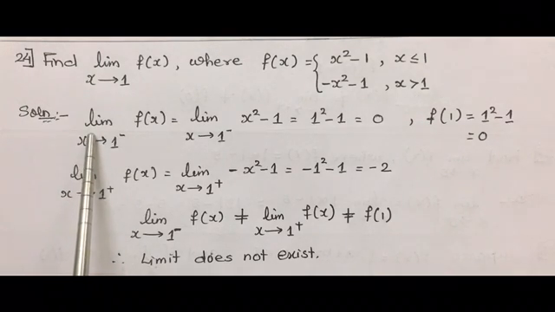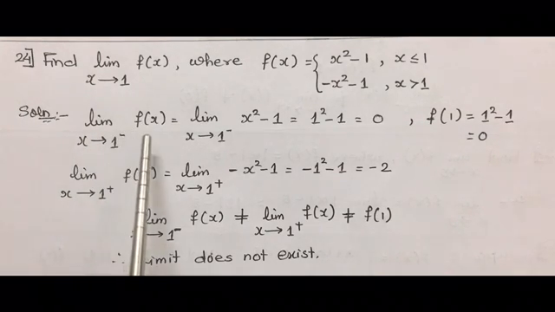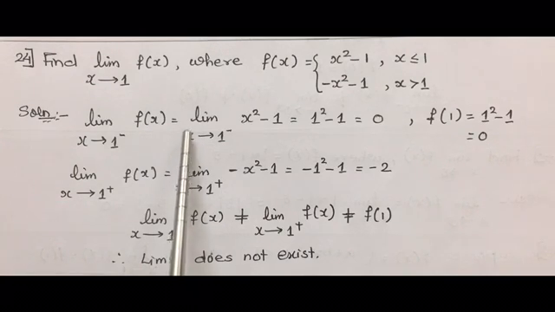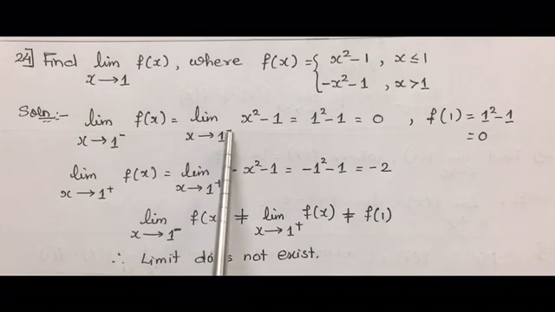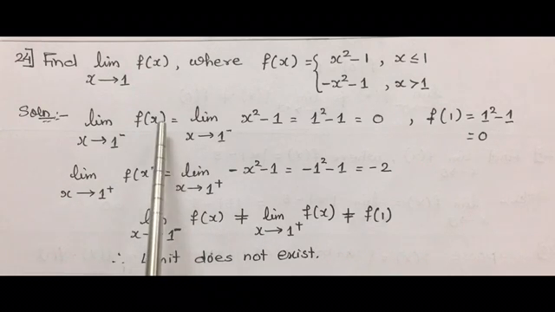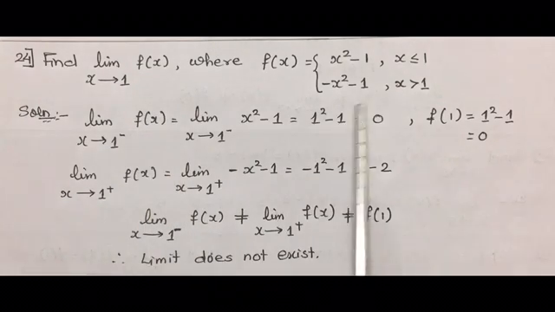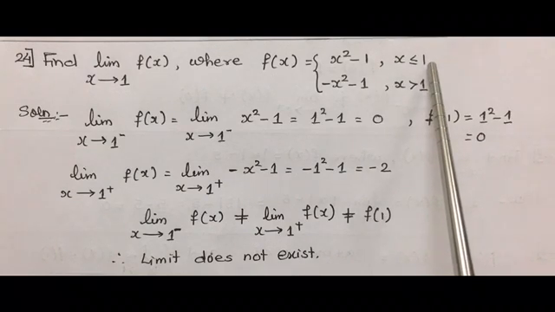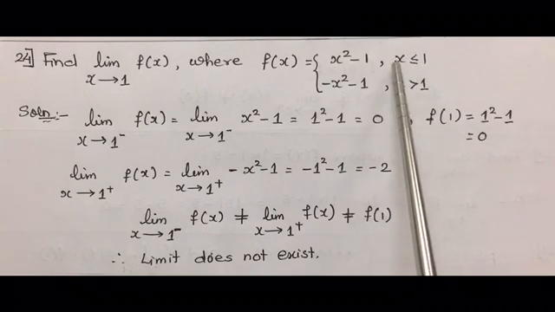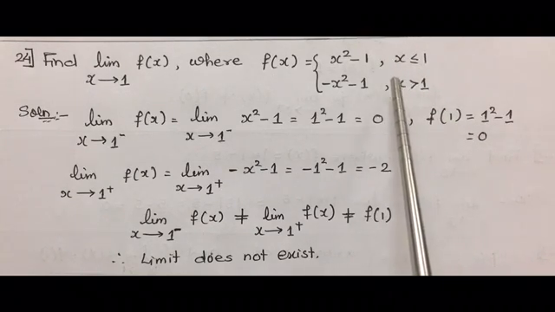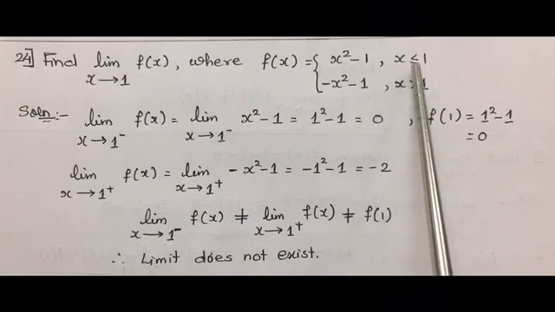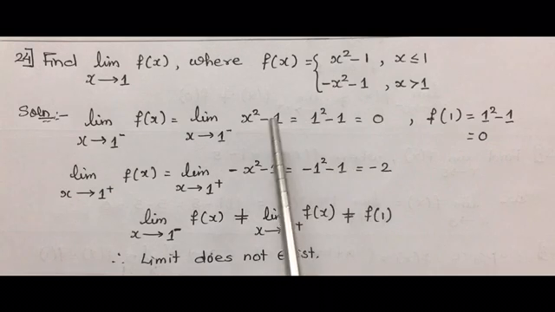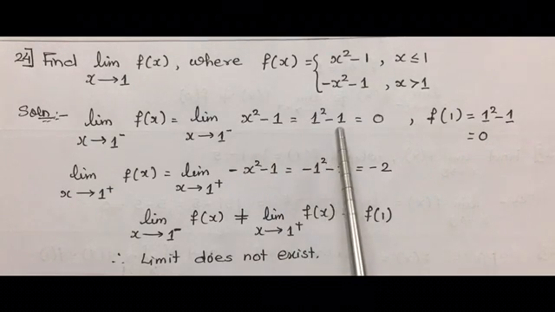So beginning with limit x tends to 1 minus of f(x), that is equal to limit x tends to 1 minus. Which f(x) we have to consider? When 1 minus is there, then x will become less than 1. So x less than 1 means f(x) x square minus 1 is to be selected.